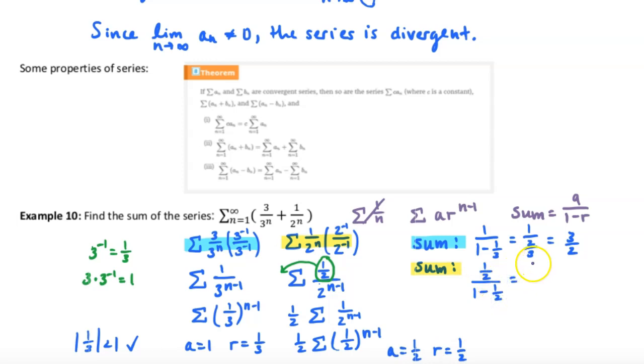This is going to be 1/2 divided by 1 minus 1/2, which is 1/2, and so this is just going to be 1. And my total sum of everything is going to be 3/2 plus 1, which is equal to 5/2. So if I add everything together, I get a total sum of 5/2.